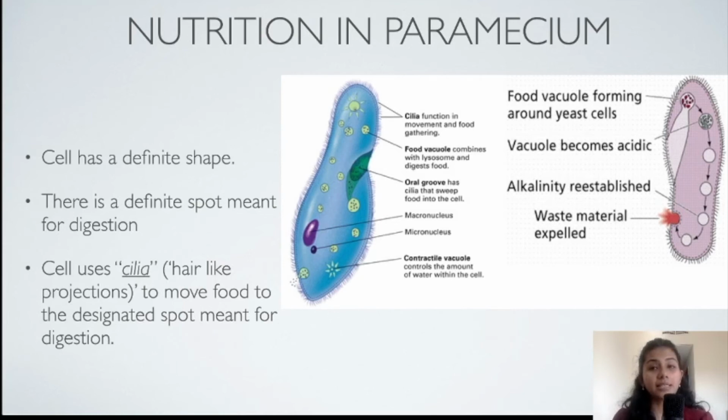So same way as an amoeba, once the food gets accumulated and there's no more food left to accumulate in a particular spot inside the oral groove, once it becomes full, it gets enclosed in a food vacuole, and it separates itself from the oral groove, and it moves around in the cytoplasm during digestion, and finally the digested material is diffused throughout the cytoplasm, from where it gets its nourishment, right?